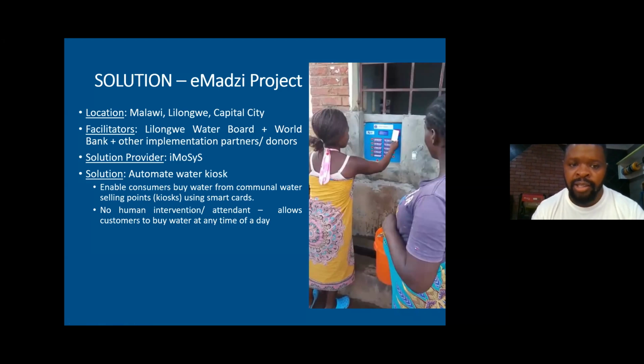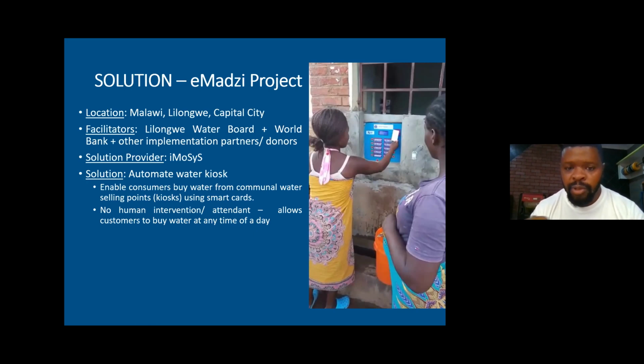We're looking at the electronics and software and everything to ensure that the water kiosk is automated. In simple terms, you can look at it as a normal ATM where you go and collect money, but in this case, the kiosk doesn't produce money, it produces water. We have given cards to each and every household, and these cards are loaded with money.